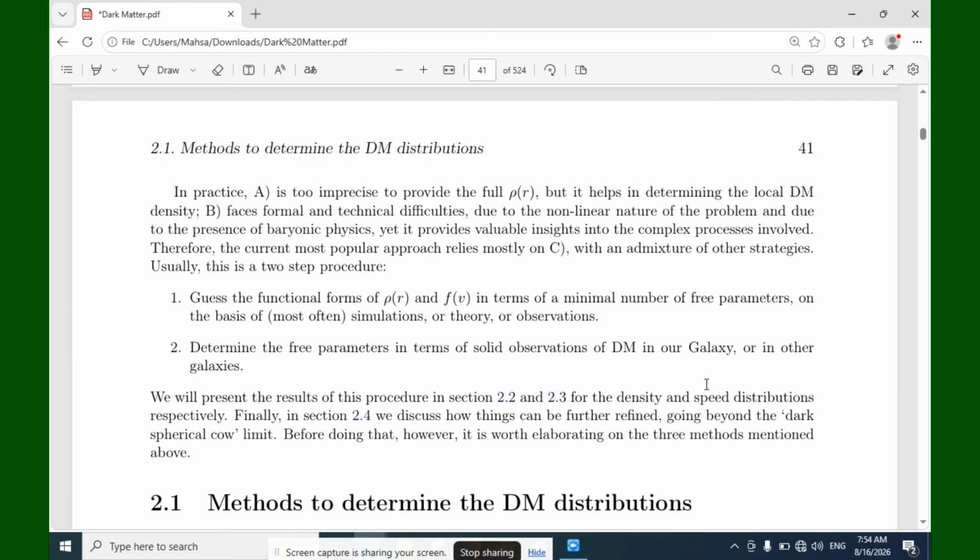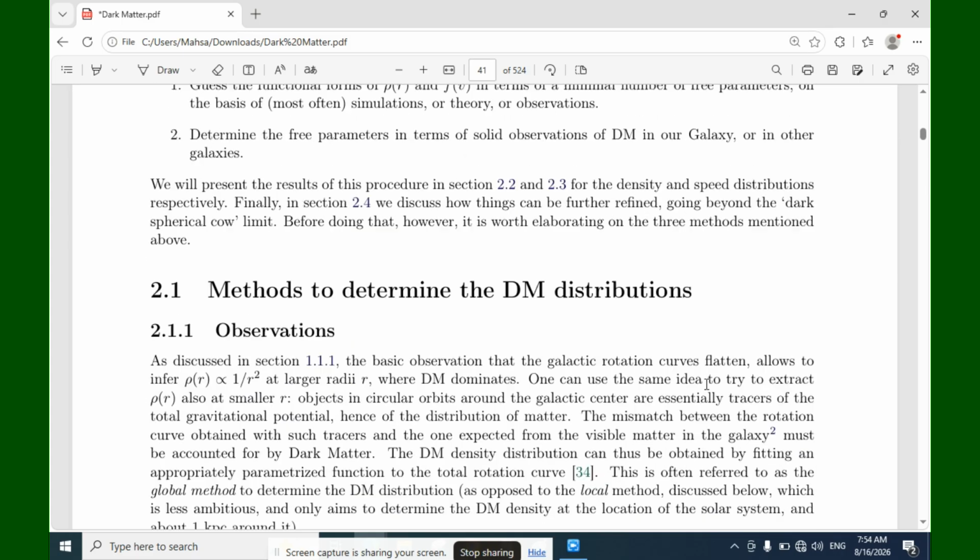We will present the results of this procedure in sections 2.2 and 2.3 for the density and speed distributions respectively. Finally, in section 2.4, we discuss how things can be further refined, going beyond the spherical cow limit. Before doing that, however, it is worth elaborating on the three methods mentioned above.